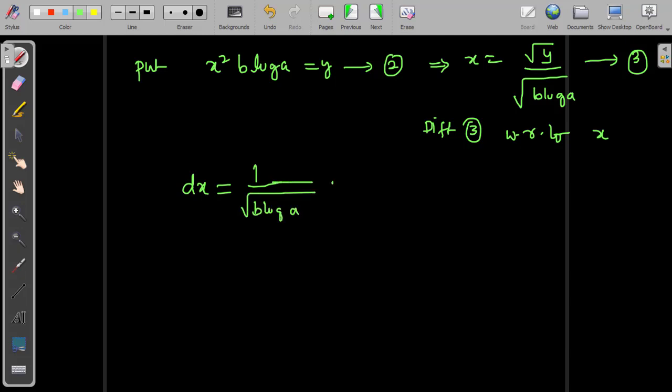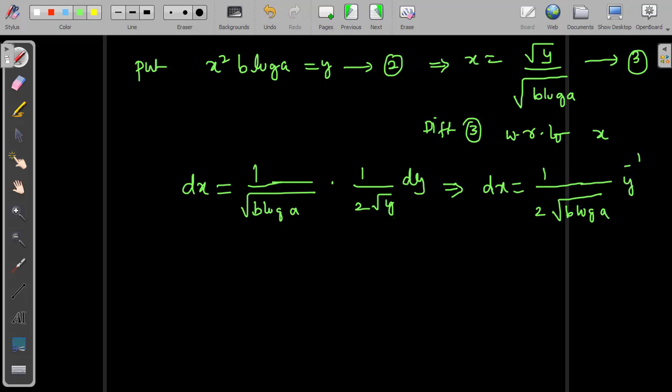The derivative of root y is 1 by 2 times root y, times dy. Rewriting, dx equals, grouping all constants, 1 by 2 times root of b log a, with root y in the denominator. This could be written as y power minus half times dy. Let us say this is equation number 4.